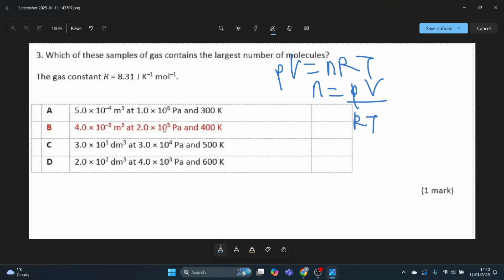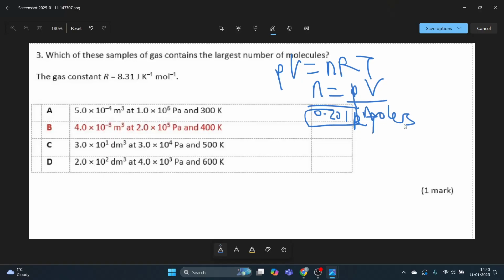Pressure 1.0 times by 10 to the power 6 times by volume 5.0 times by 10 to the power minus 4. It's already in meters cubed, which is correct. Divided by 8.31 times by 300. That gives me 0.201 moles.